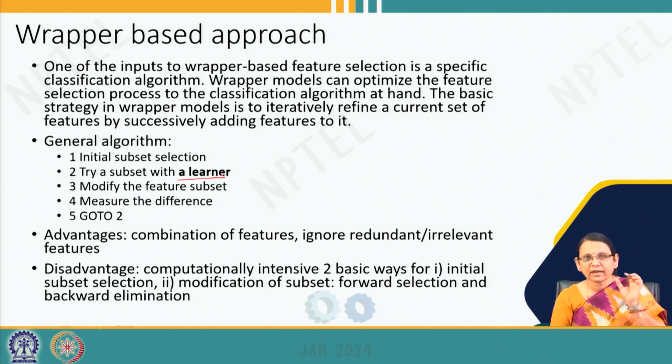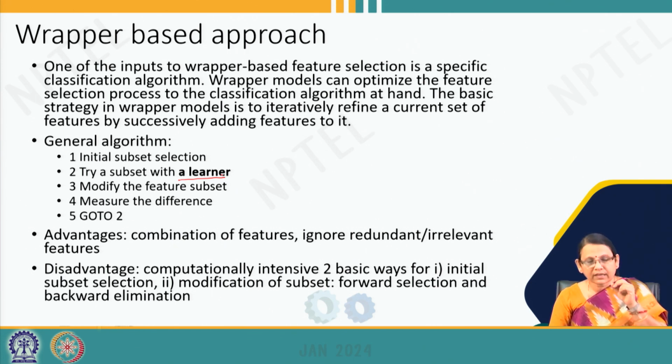So, if you have a total of n features, then NC1 plus NC2 plus NC3, and this way you continue. Which means it is becoming computationally very heavy, and once you continue, how do you measure? There has to be some kind of metric using which you can decide which set of features can give you the best value.